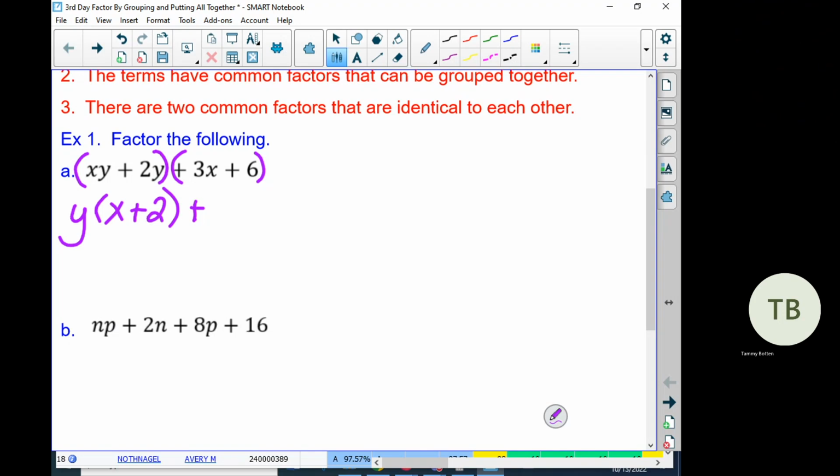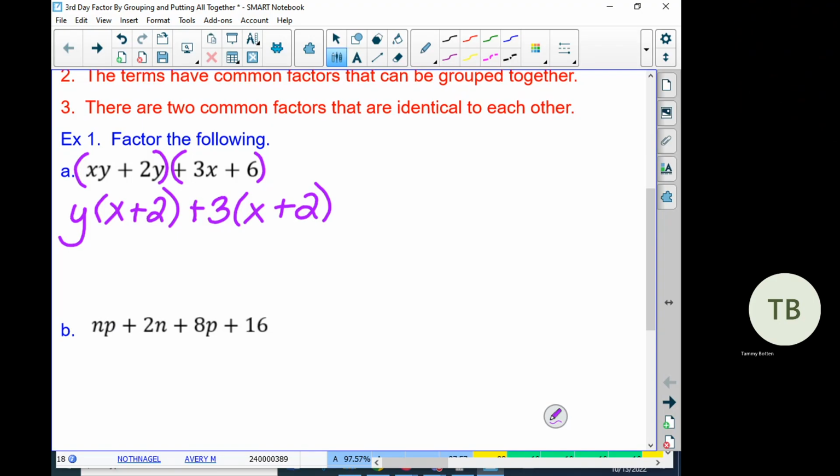And then you look at this one and you see what can you take out, okay? What goes into both of these is a 3, okay? And then you're looking at 3 times what gives me 3x, that's x. And 3 times what gives me 6, that's 2.